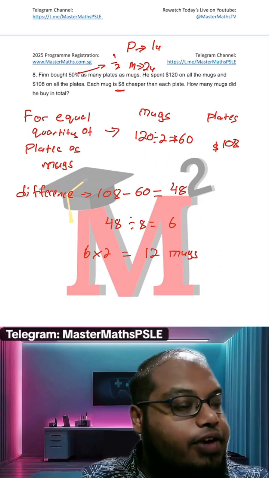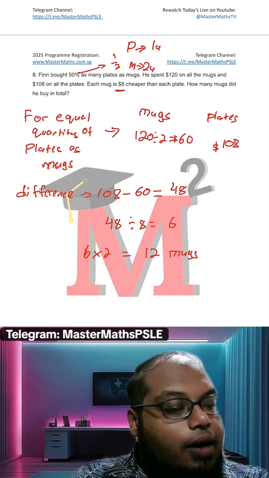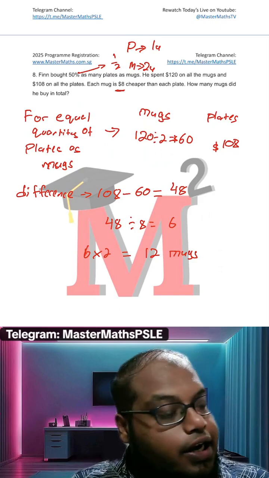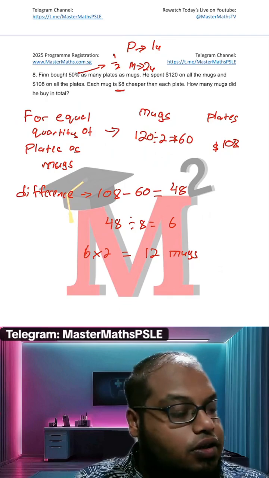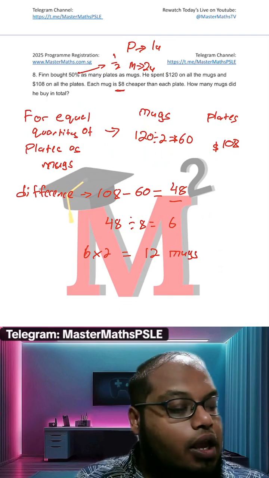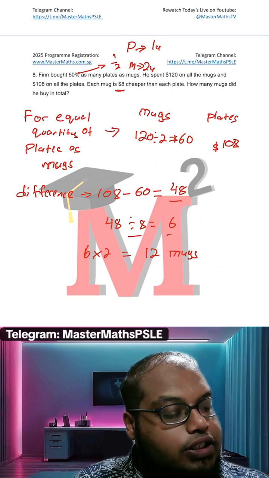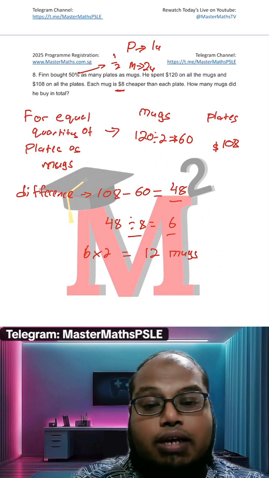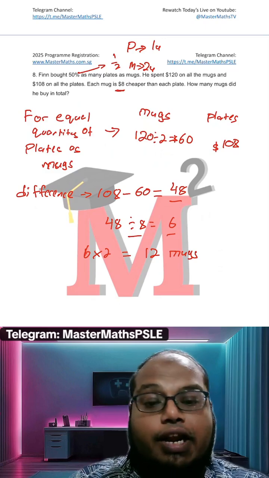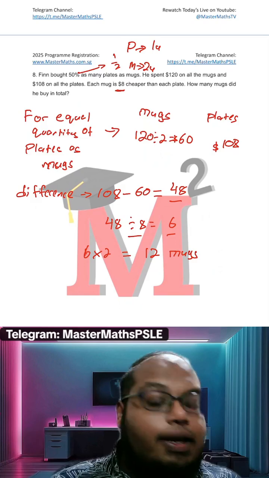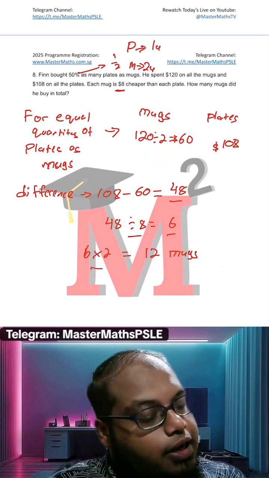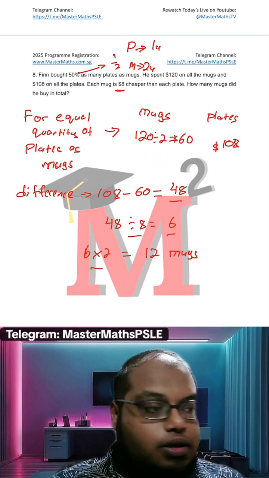And since I'm given cheaper means the difference, I find the difference between 108 and 60, which is 48. 48 divided by 8, I got 6. That means 6 marks, 6 plates cost $60 and 108. But I already know in the first place that the marks are twice, right? So I times 2 again, become 12 marks.